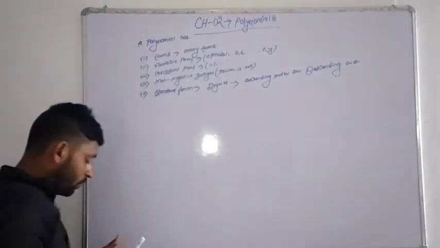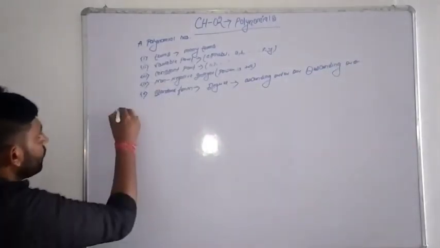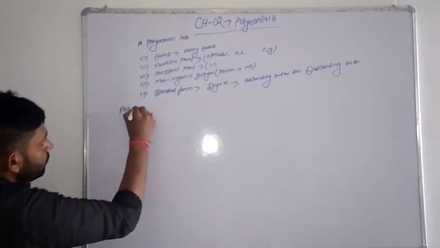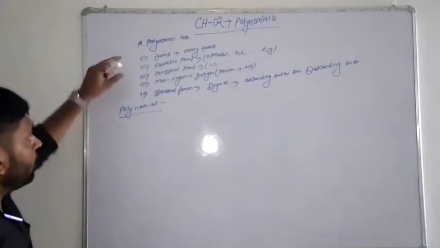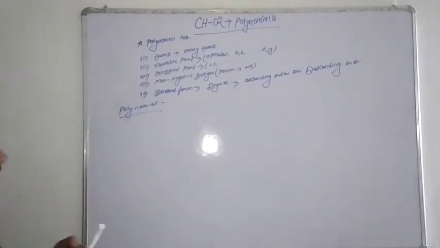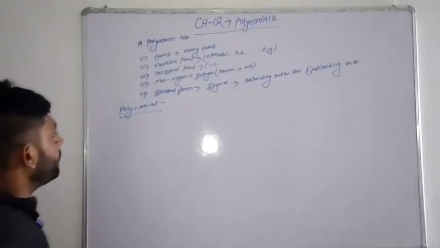Now, so what is a polynomial? These 5 points are written in only one statement.